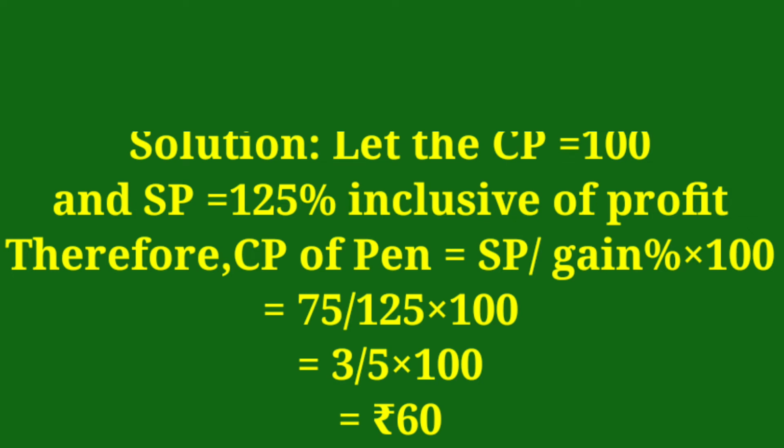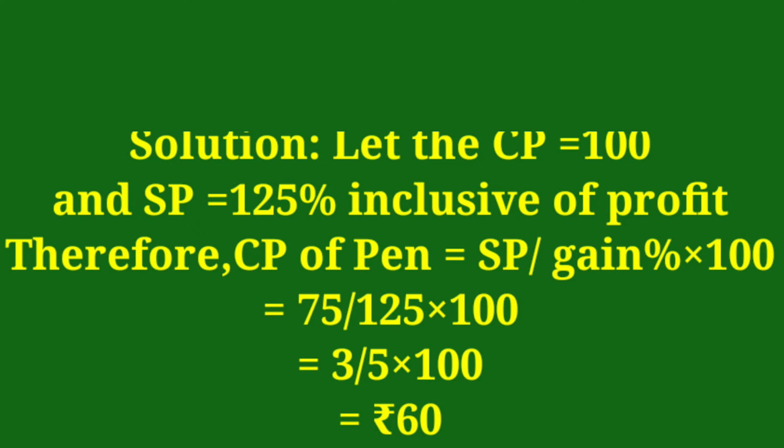Let the CP equal 100 and SP equal 125%, because 100 is the CP and 25% is your gain, inclusive of profit. Therefore, CP of the pen equals SP by gain percent into 100. So SP by 125 into 100.